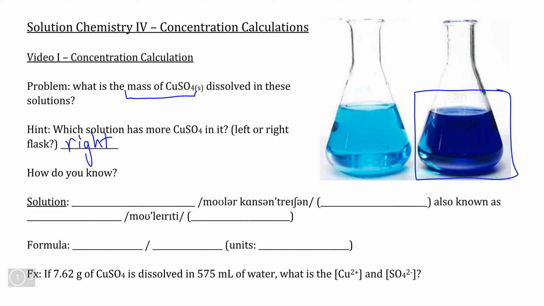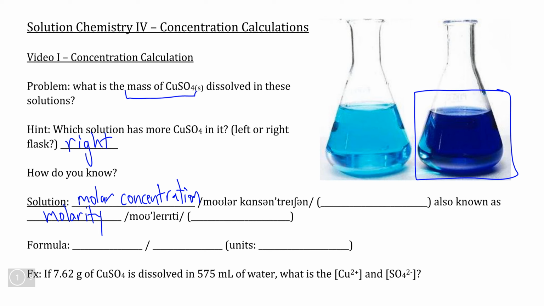Most of you probably figured this out because the solution is darker, indicating that there is more CuSO4 dissolved in this volume than there is in the volume on the left. This visual difference illustrates a difference in what we call molar concentration, known more succinctly as molarity.